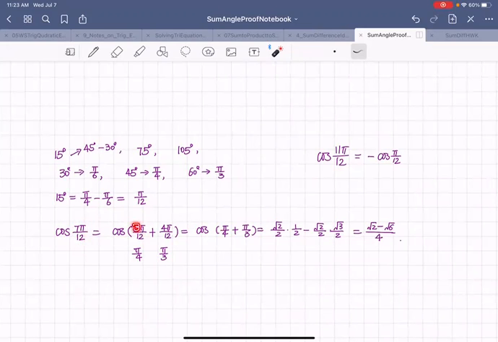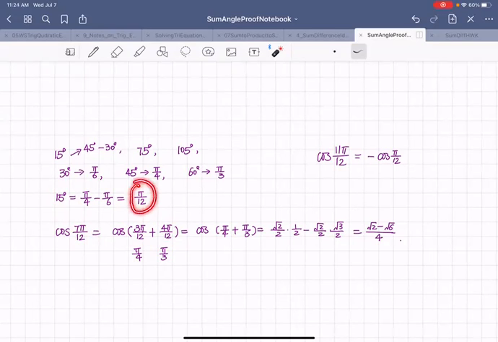7 pi over 12 is 3 pi over 12 plus 4 pi over 12. 3 pi over 12 is pi over 4. 4 pi over 12 is pi over 3. Doesn't matter if they give you the angles in degrees or in radians.